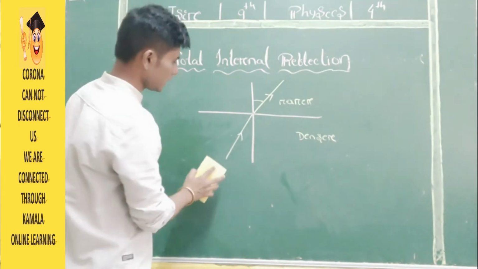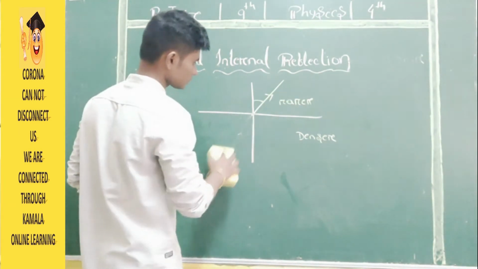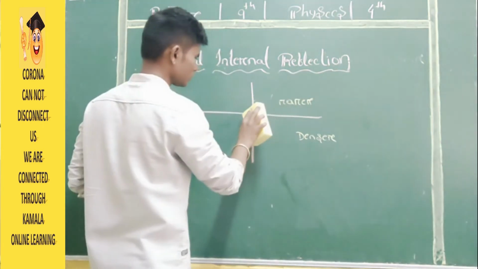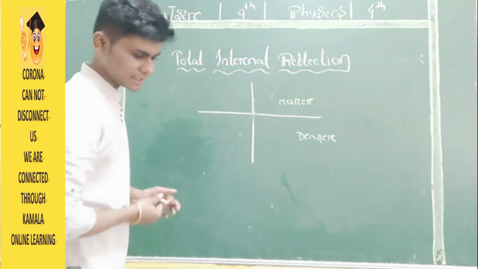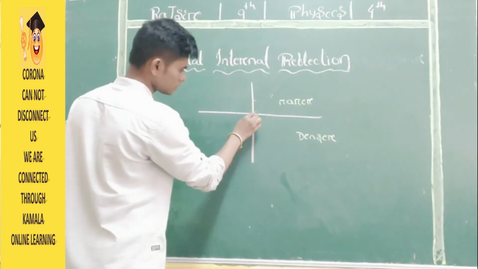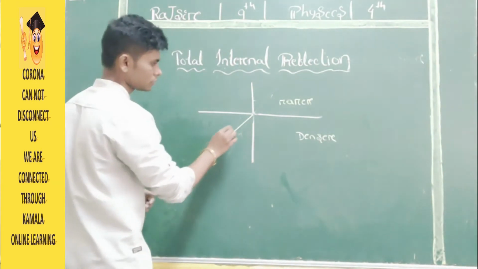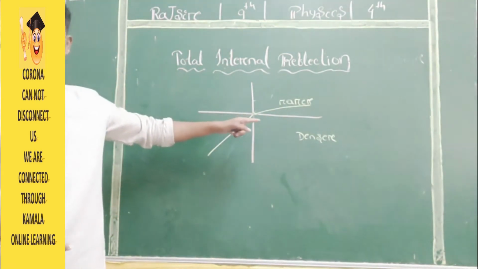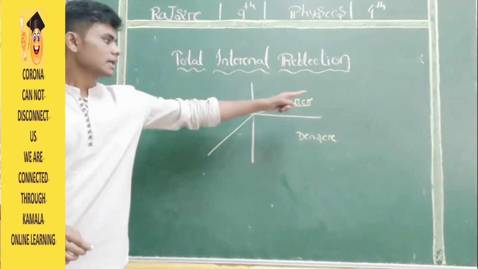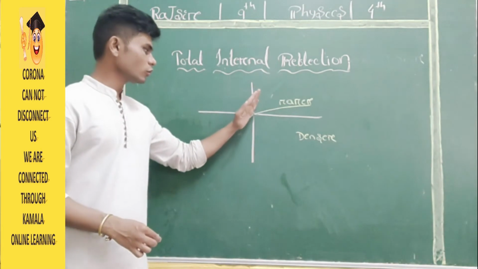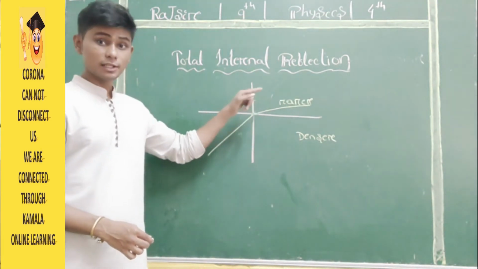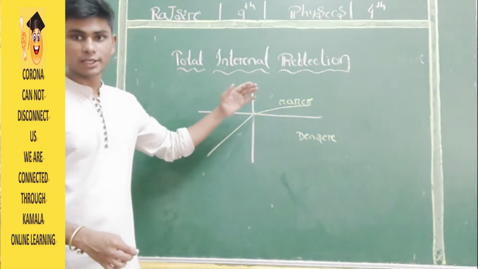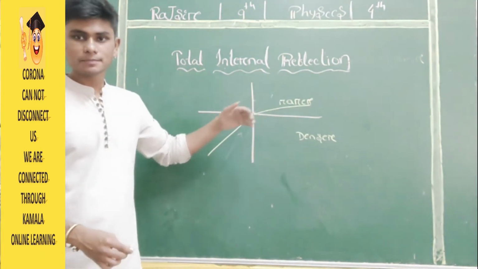So let us do another thing. Now what will we do? We will make this angle a little bit more. Now it will deflect like this, because you know that whenever it is entering the rarer medium, the refraction will be more.